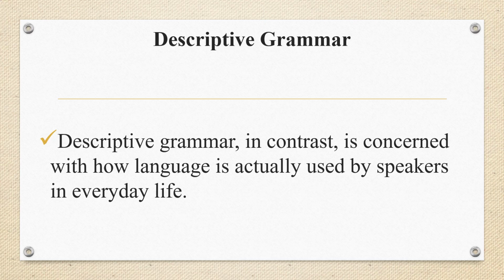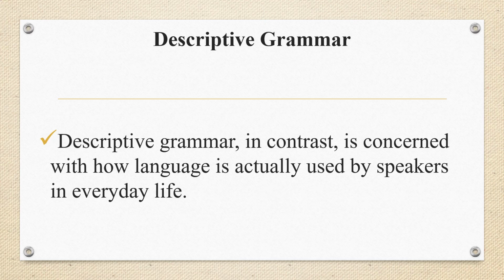On the whole, descriptive grammar focuses on how language is used by native speakers rather than prescribing the rules. Here are some examples for descriptive grammar. First, we have informal constructions. 'I ain't going nowhere.' Descriptive grammar accepts this as a valid way of saying 'I am not going anywhere.'